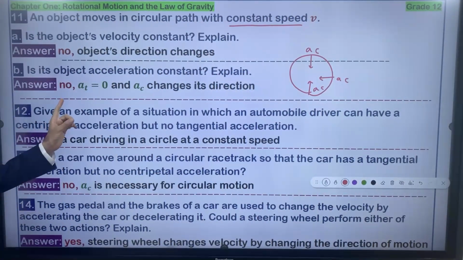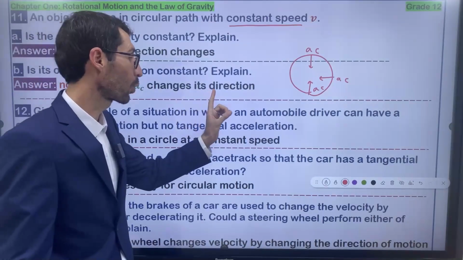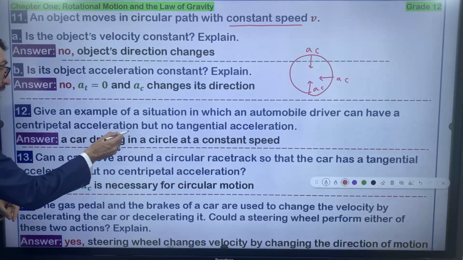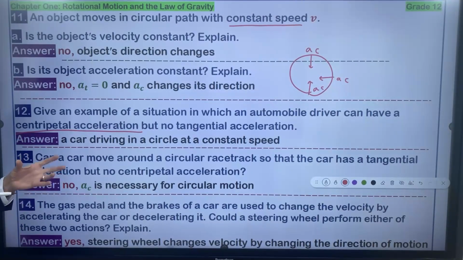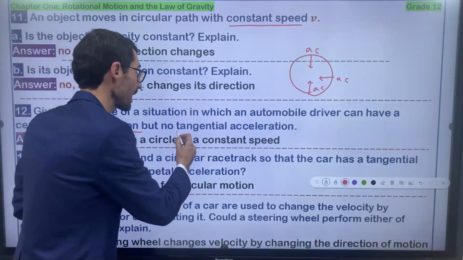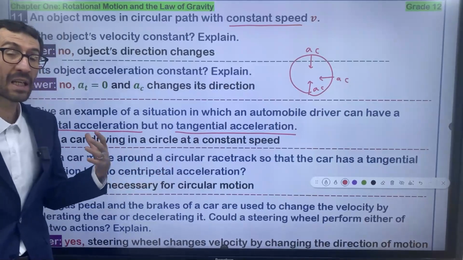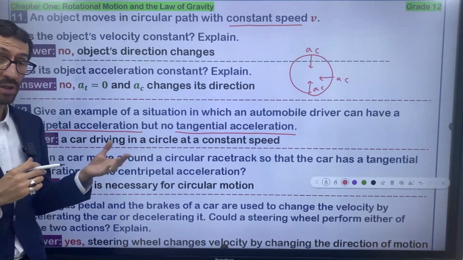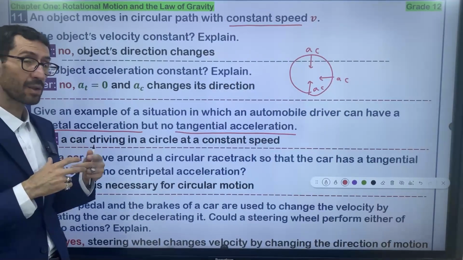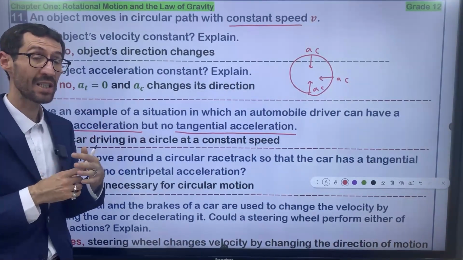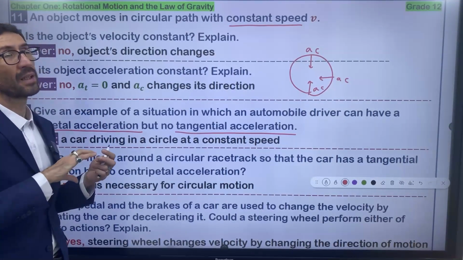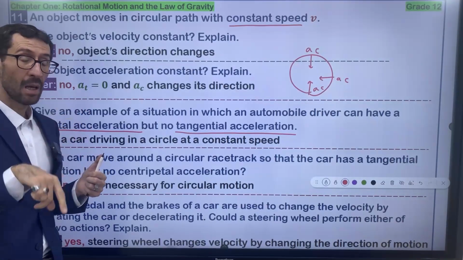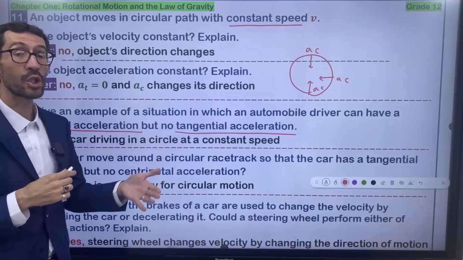Number 12: give an example of a situation in which an automobile driver can have a centripetal acceleration but no tangential acceleration. Think about the case. An object has a centripetal acceleration. So automatically you can say, teacher, a car moves in a circular track.